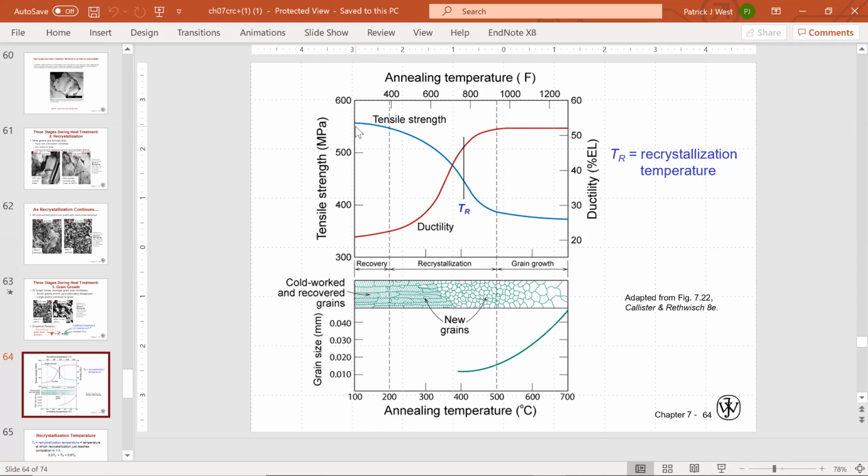In a non-deformed crystal, you are correct. In a non-deformed crystal, you can say that tensile stress is inversely proportional to grain size. But what we have here is we're going from a very deformed crystal to a pristine crystal, right? And in that way, the deformed crystal that's cold worked will always have a higher tensile stress than the pristine system. And that's why our tensile stress decreases as we have these really small grains.